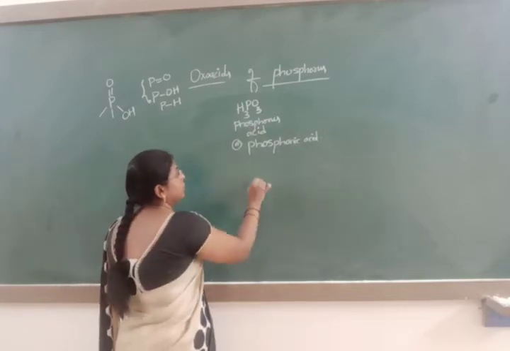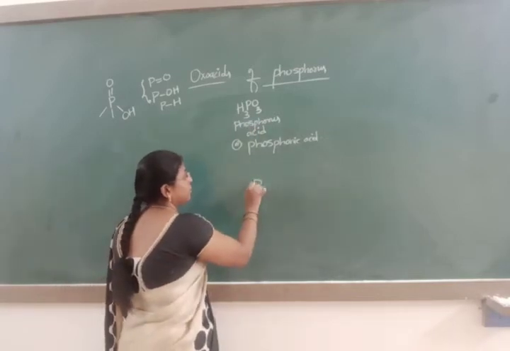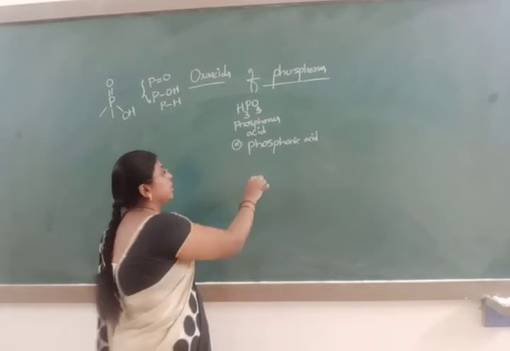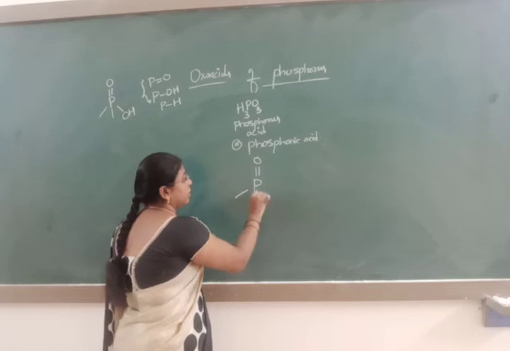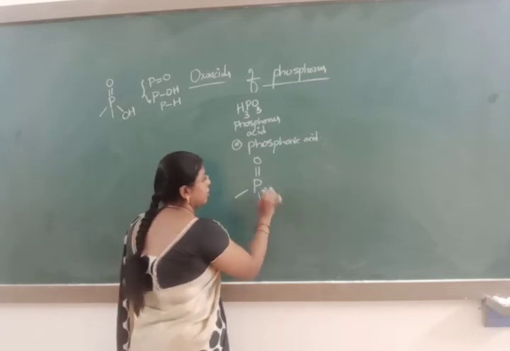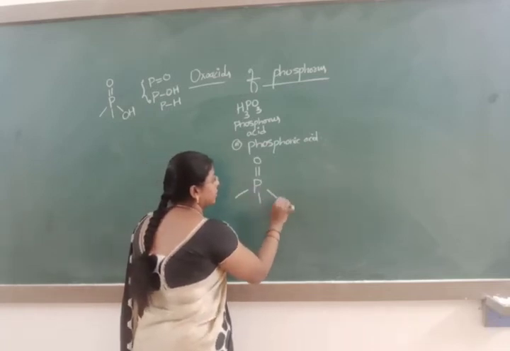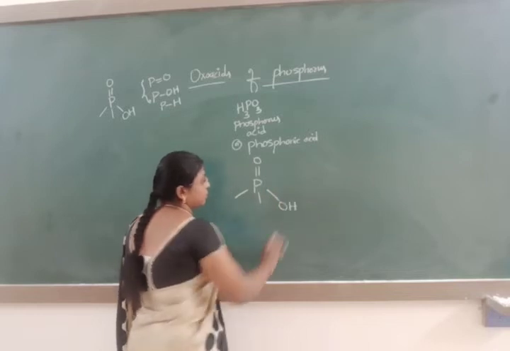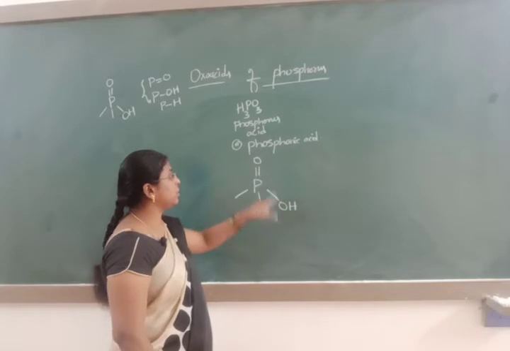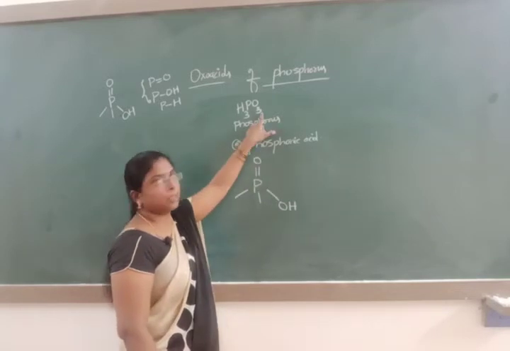Here, one phosphorus, I can write that P, and compulsorily one will be a double bond to oxygen and another will be OH. Whenever you write a double bond, you have to remember it should be attached to the oxygen. Two oxygens we have used here, out of 3.